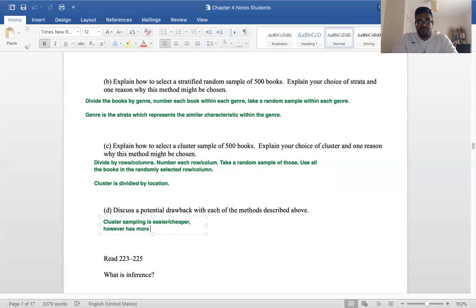However, it has more variability. Stratification, then, on the flip side, has less variability, but is more expensive, right? So there's a trade-off there. So it depends on what you're looking at, how you're studying it, what you're trying to do. You kind of have to make that decision.